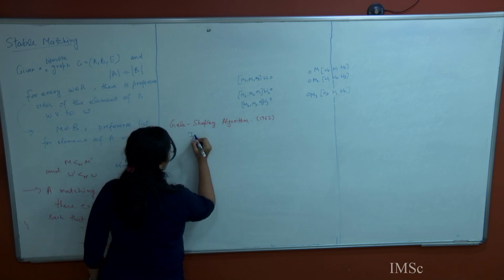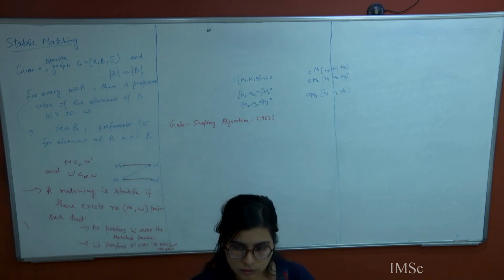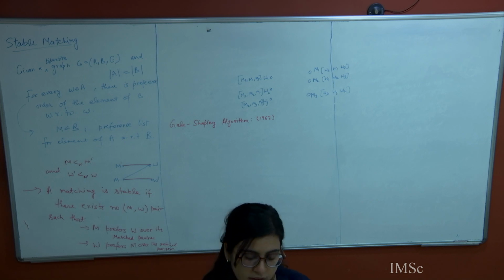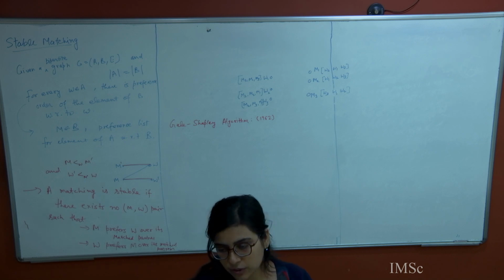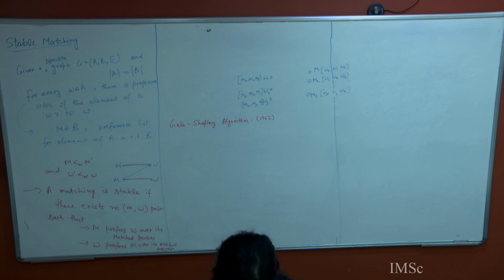Initialize. I just had a small doubt. Yes. In the previous setting that we discussed, the preference list was basically on edges, right? Yes, but here we are assuming that for every person in the other set we have some preference.